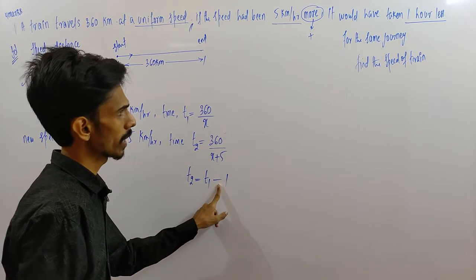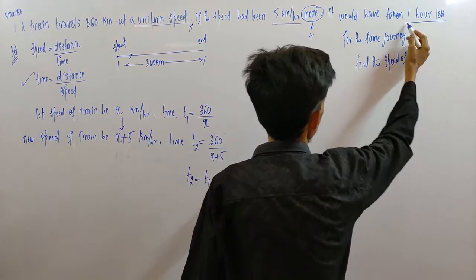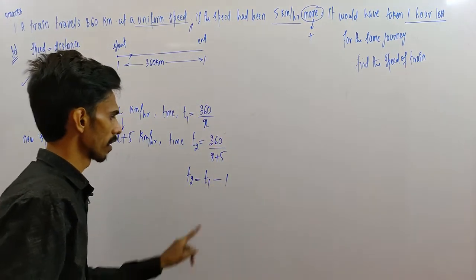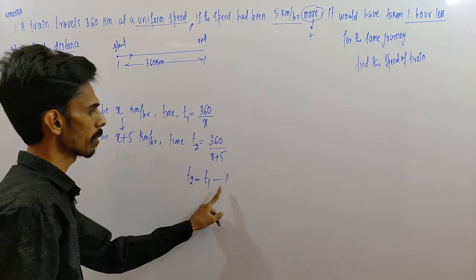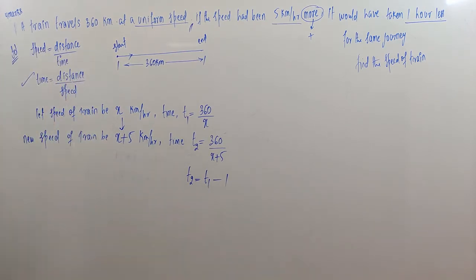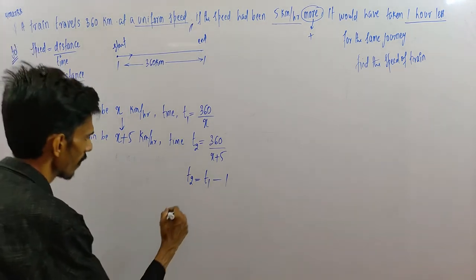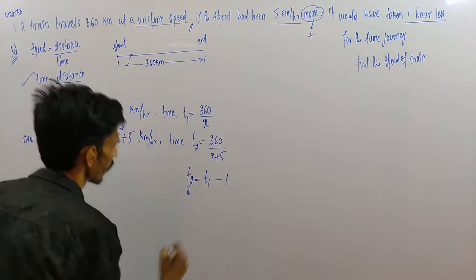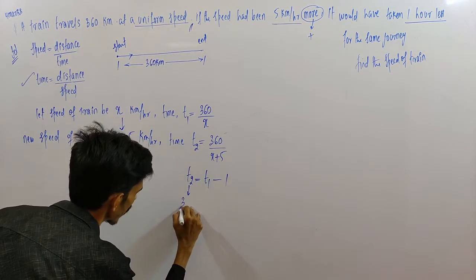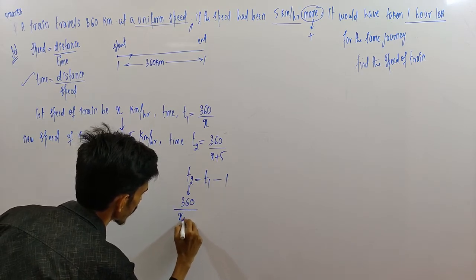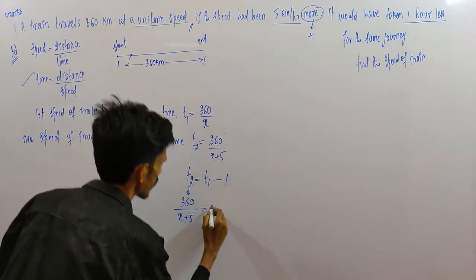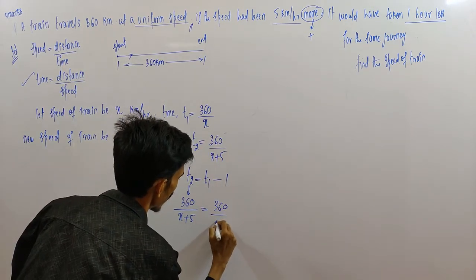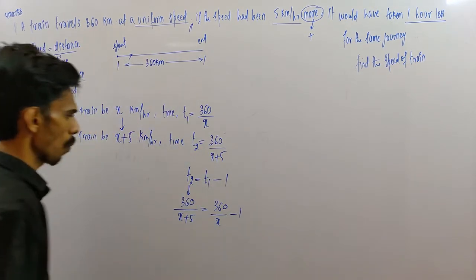Here we are taking minus sign because we have less 1 than t1. So t2 equal to t1 minus 1. Value of t2 is 360 divided by x plus 5, is equal to t1 value, 360 by x, minus 1.